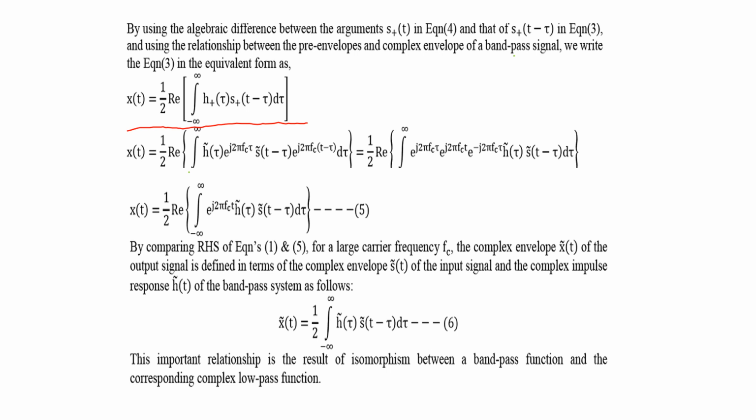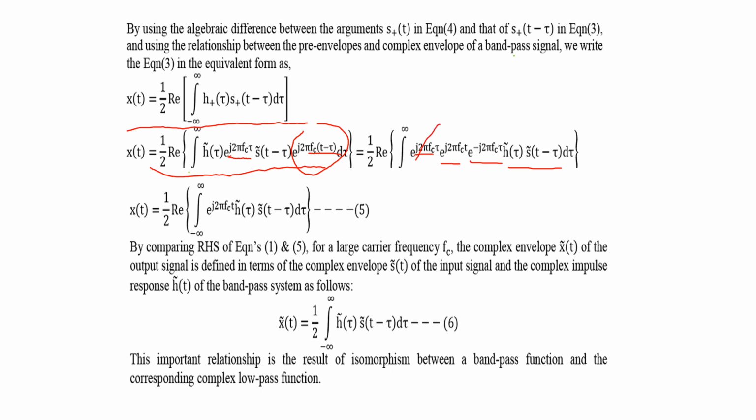When you expand this by multiplying with the complex exponential terms, we take e to the power of j 2 pi fc t outside, and e to the power of minus j 2 pi fc tau. When you multiply here, we get e to the power of minus j 2 pi fc tau and h of tau into s of t minus tau.